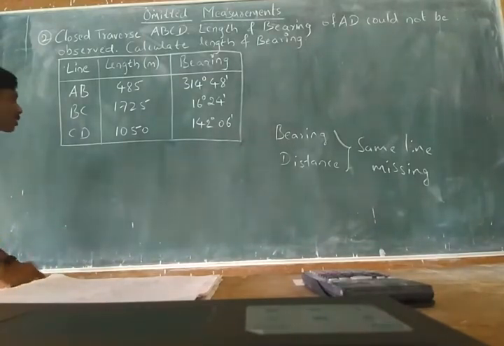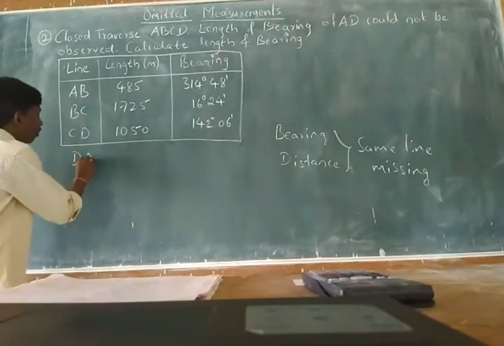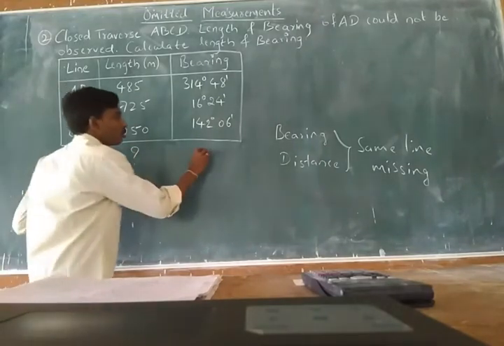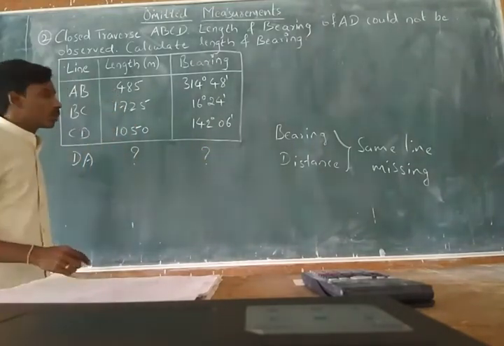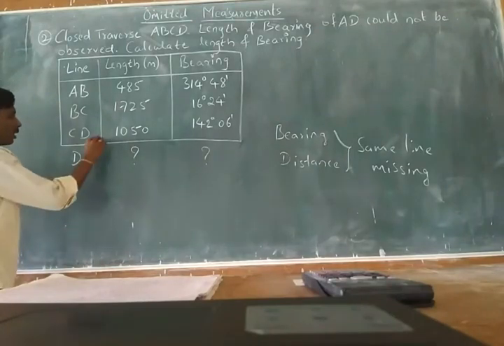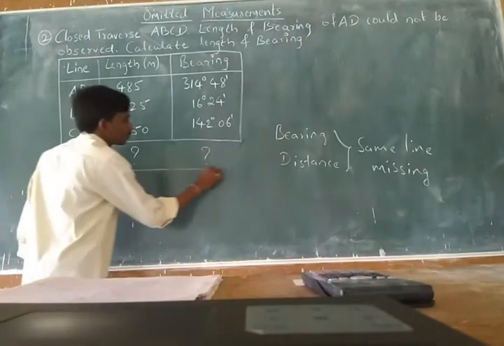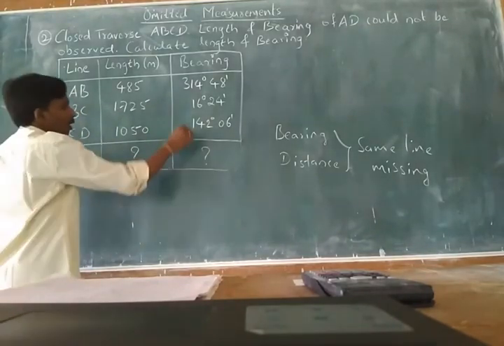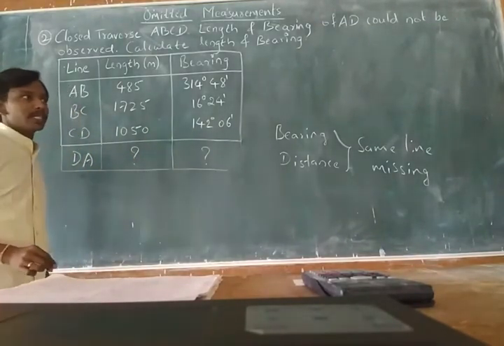That means for the DA line, they don't know the length and they don't know the bearing. So in this question, the length of DA and the bearing of DA both are missing.